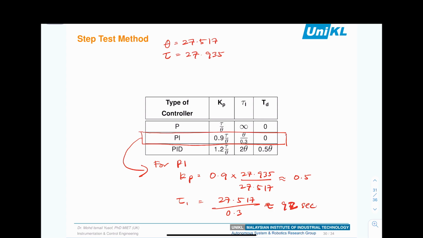Proportional gain is 0.5 and integral time is 92 seconds, and we can plug these values, the proportional gain and integral time, into our controller, which is built in our Delta V system.